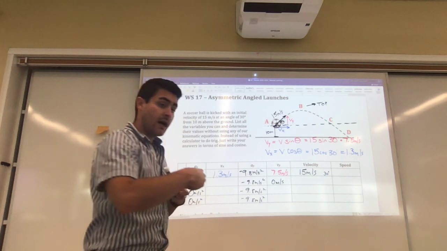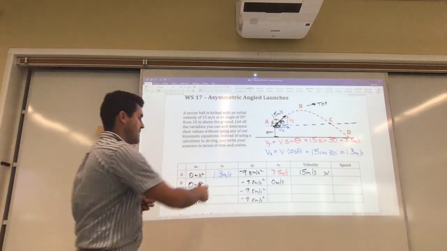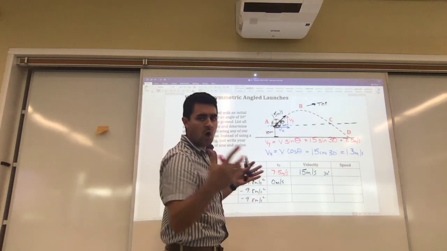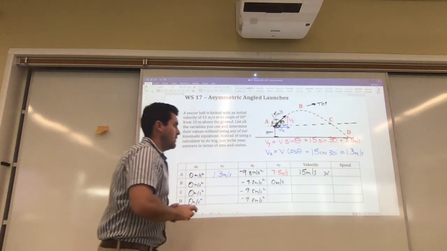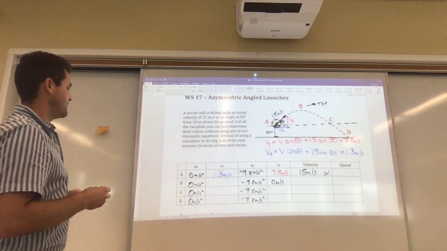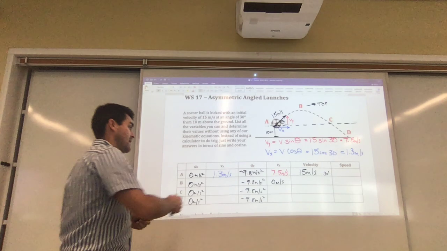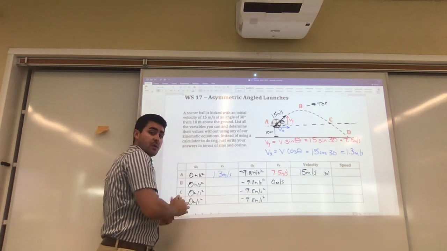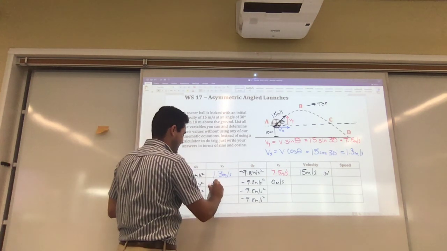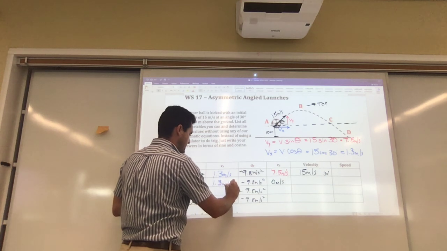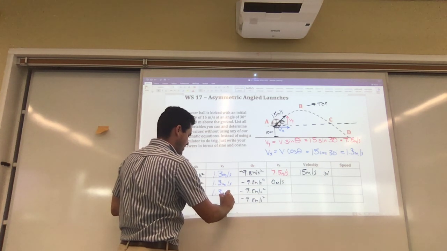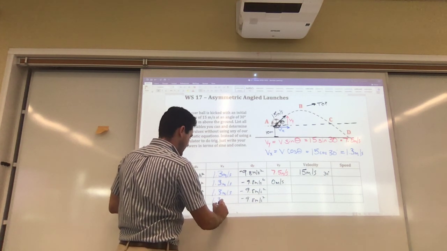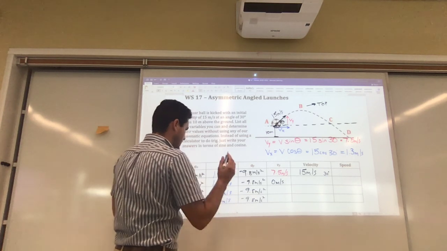A quick check you can make is that my Vx and my Vy must always be smaller than my velocity vector in total. All right, thinking back, velocity in the x direction, there's no acceleration. Guess what? That means it is a constant velocity in the x direction the entire time, even at point D. Done.